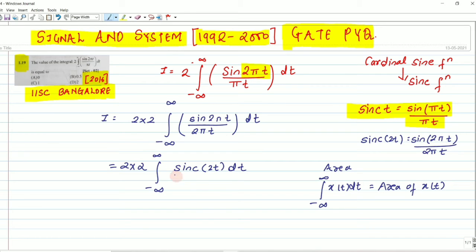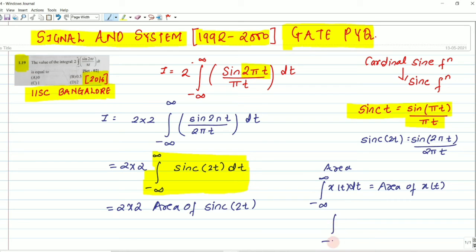So from minus infinity to infinity, the integral of sinc 2t can be written as the area, 2 into 2, and this we can replace with the area of sinc 2t, area of x(t). Here x(t) is sinc 2t. Understood this part?